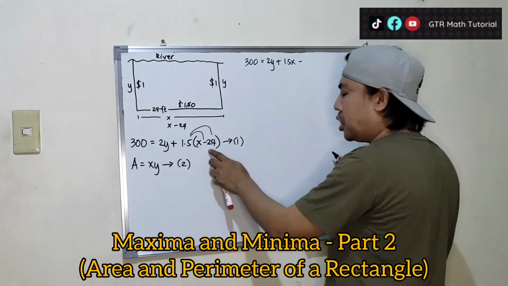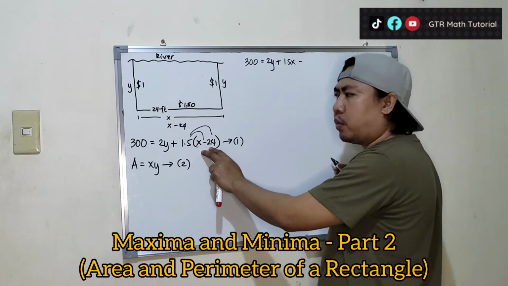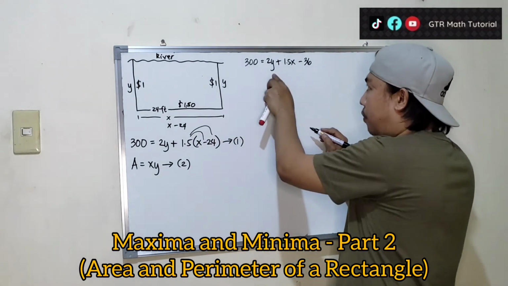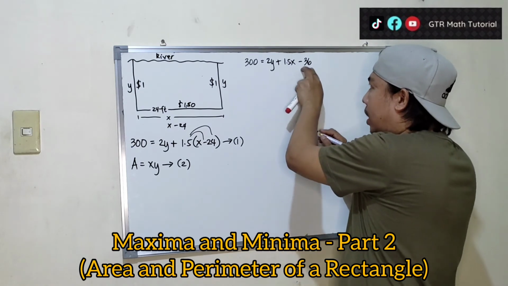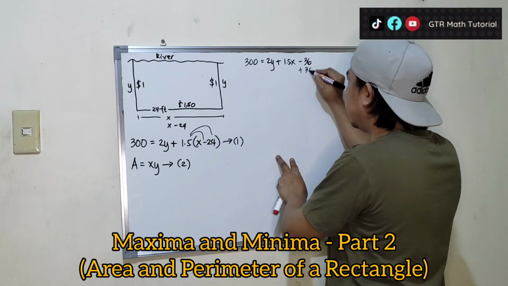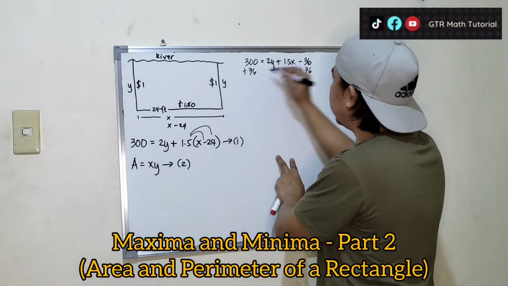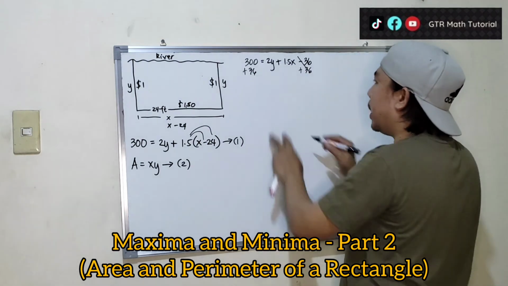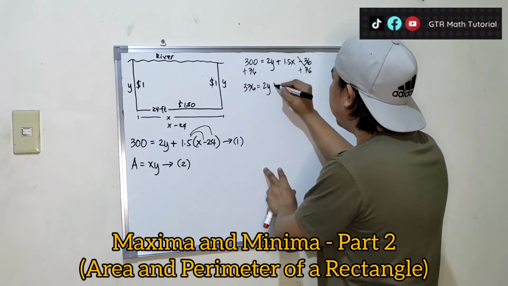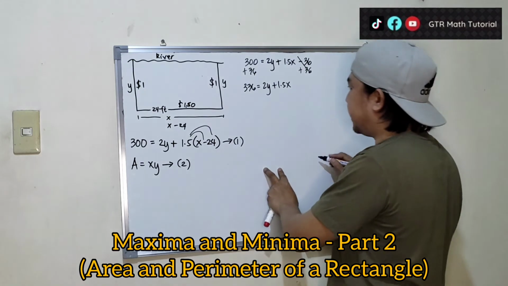So that is 24 plus half of 24 is 12. So that is minus 36. So for y, so combine the constants. So add 36 to both sides. So this will become 336 equals 2y plus 1.5x.